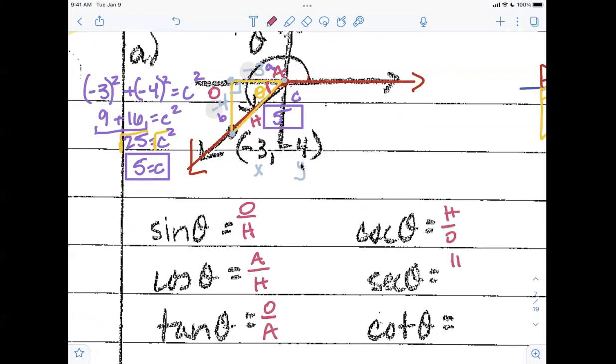If you don't need to write that, you don't have to, it's okay. Go ahead and just write the actual numbers. So my sine is going to be -4/5. My cosine is going to be -3/5. My tangent is going to be -4/-3. But we know 2 negatives will make it positive. So +4/+3.